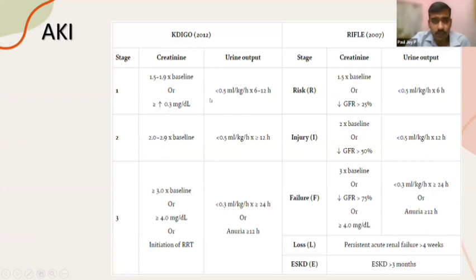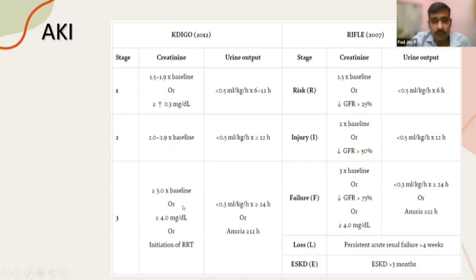A short review on the AKI definition by KDIGO 2012. Stage 1 is a rise in creatinine by 1.5 to 1.9 times baseline, or by more than 0.3 milligram per dL, or a urine output of less than 0.5 milliliter per kg per hour over 6 to 12 hours. Stage 2 is a rise of creatinine by 2 to 2.9 times, and oliguria for more than 12 hours.